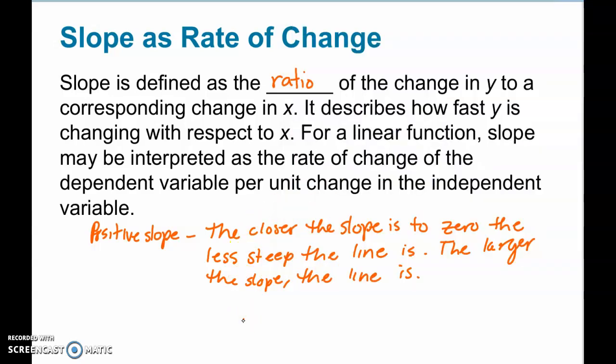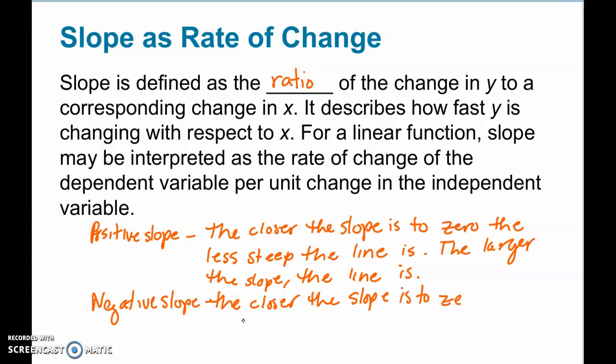So I'm going to write this as my conclusion. When you have a negative slope, the closer the slope is to 0, the less steep the line is.